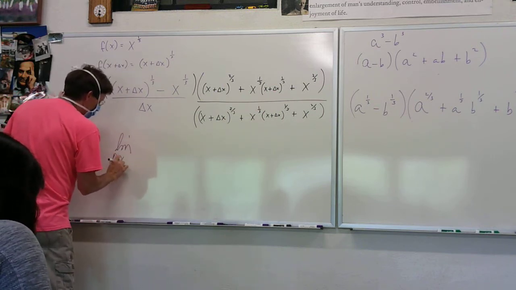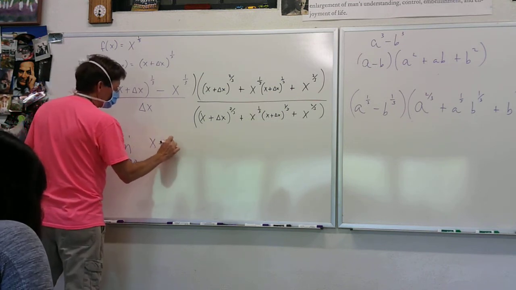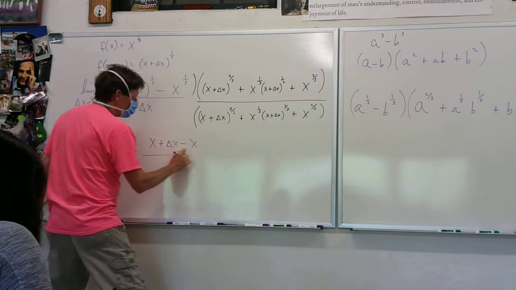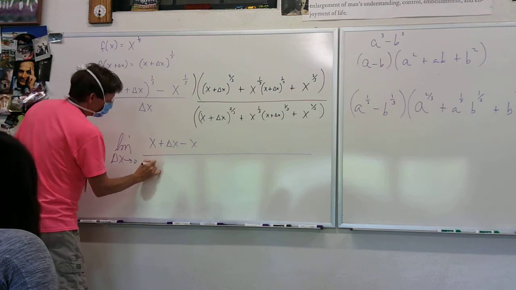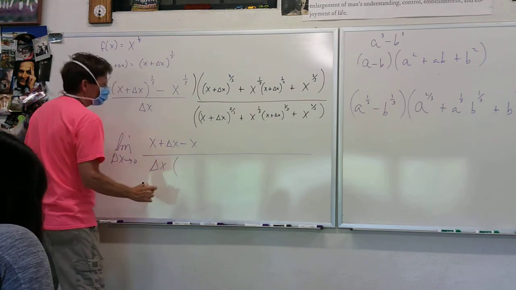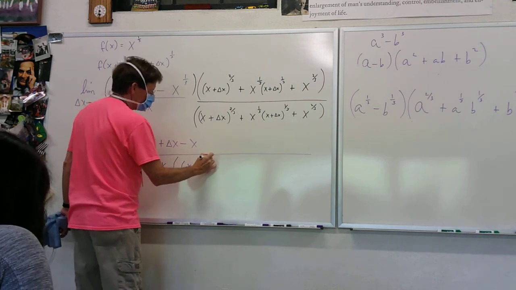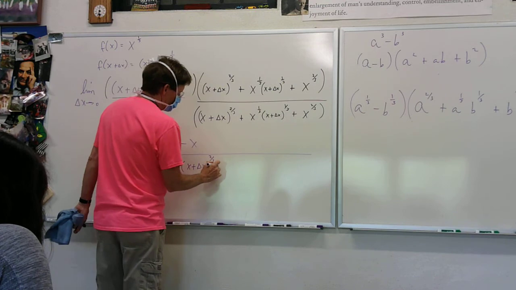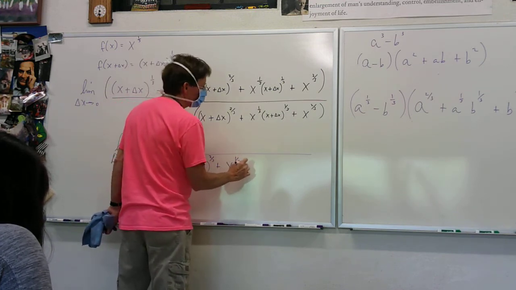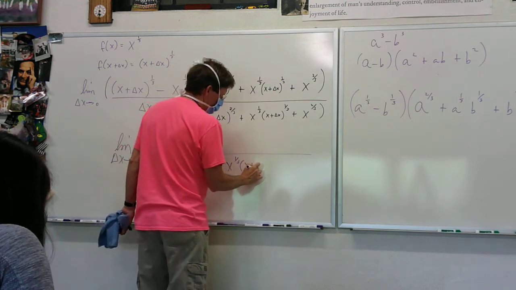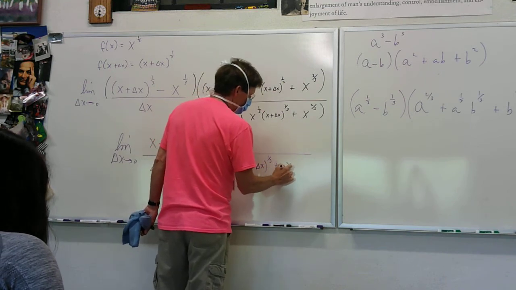as delta x approaches 0 of x plus delta x minus x. There's our numerator, a minus b. And then in the denominator we have delta x, parentheses, x plus delta x to the 2/3 plus x to the 1/3, x plus delta x to the 1/3 plus x to the 2/3.